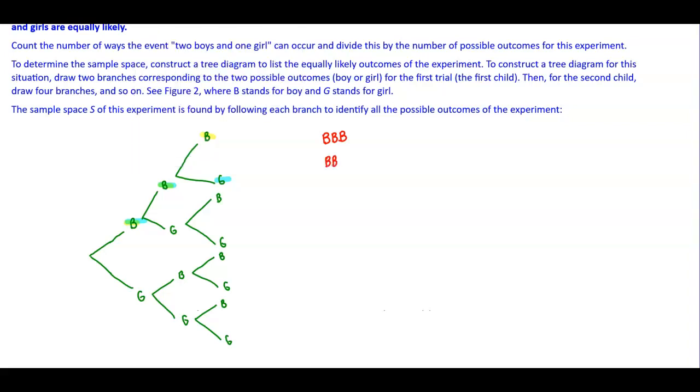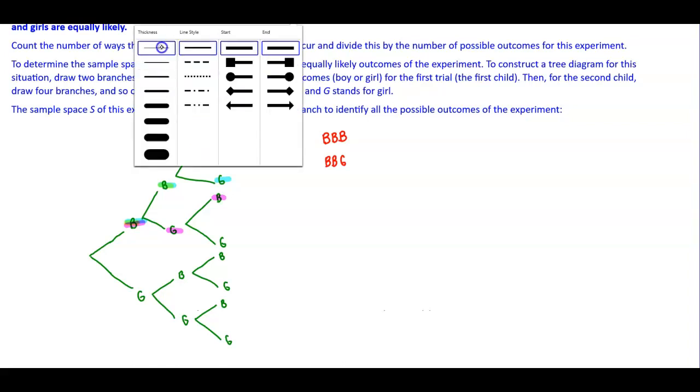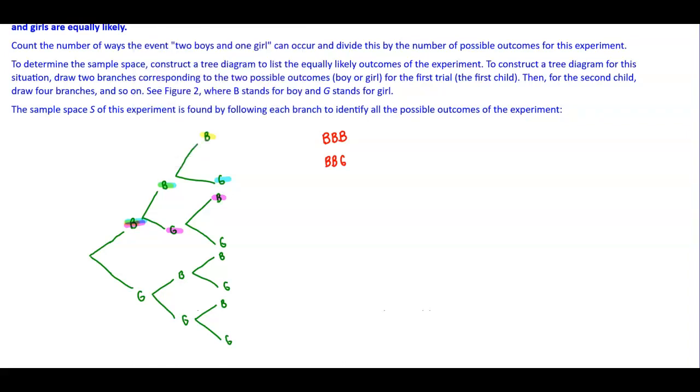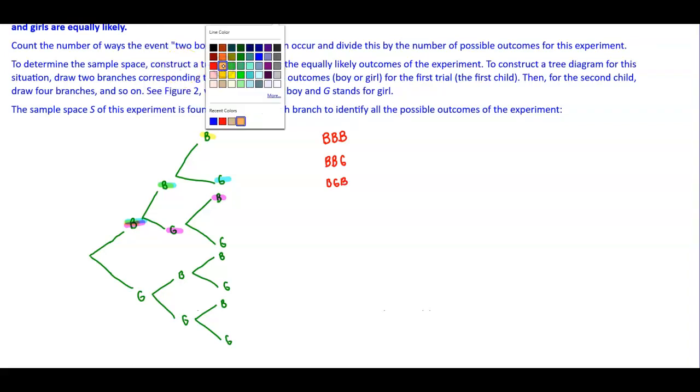Okay, and then the next one is going to be boy, girl, and then boy. Okay, and then what else do we have? We have the following. We have boy, girl, and then girl.